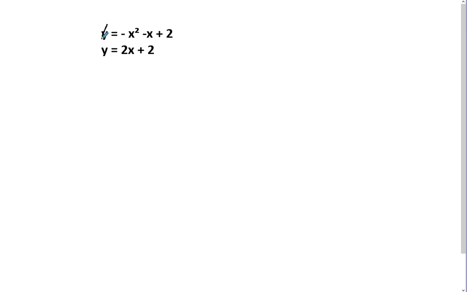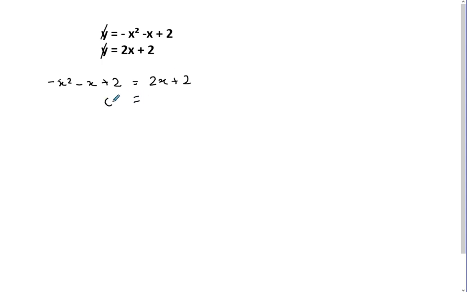Because now, once you've watched all my videos, no letter, no negative number, no fraction will scare you. So we've got minus x squared minus x plus 2 equals 2x plus 2. But this time, because your x squared is a minus, we're taking all that to that side, so the x squared becomes positive.